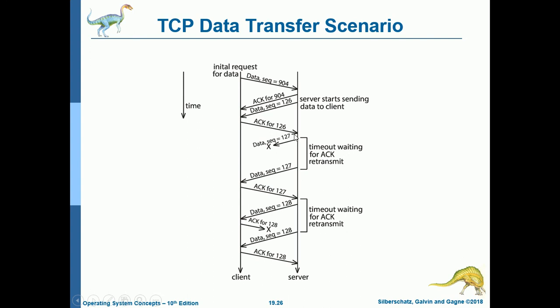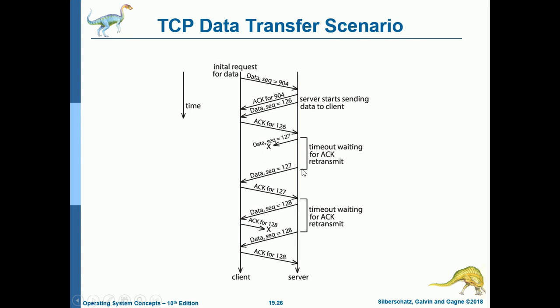Then after that, it will send more data. So here, while sending the data, it was dropped off. So the data sequence 127. The server will automatically wait for the client's acknowledgement. But since the server did not receive any acknowledgement from the client, it will resend the data again, sequence 127.